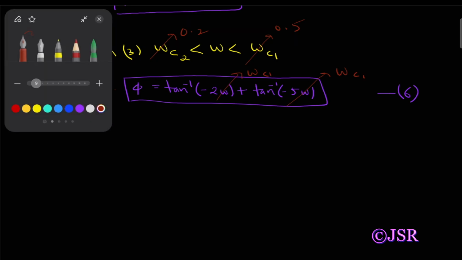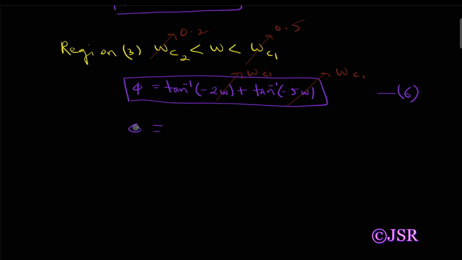So in this case we will have phi equal to minus tan inverse of omega C1, which is 0.5, so minus tan inverse 1, plus minus tan inverse 2.5.